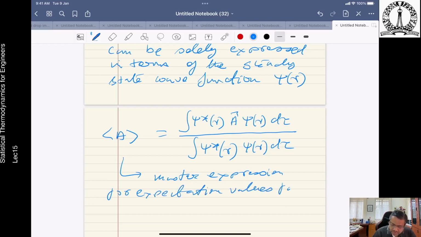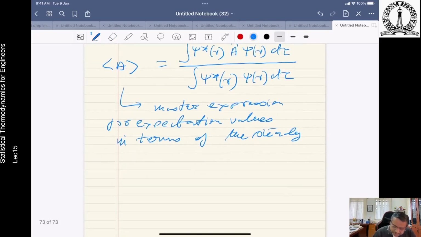Expectation values in terms of the steady state wave function, I mean, for steady state systems in general.